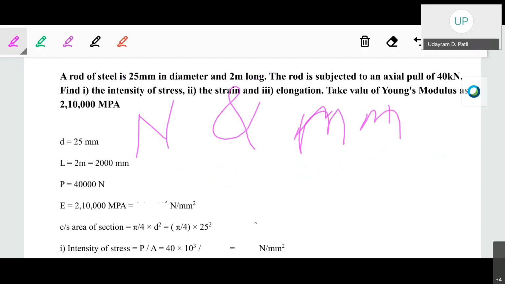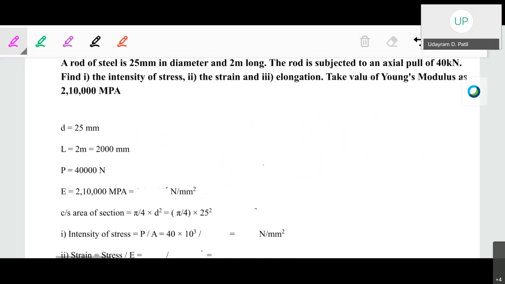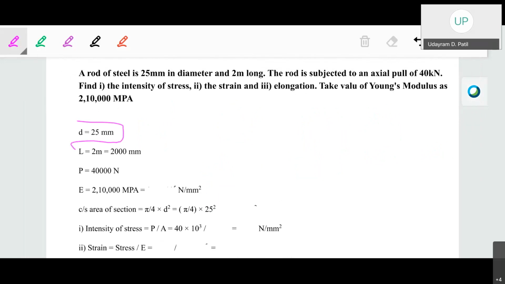Do not go for the meter or the kilonewton, because it is quite easy in Newton and mm. Okay, so first D, diameter, is 25 mm. We are considering mm and Newton, therefore no need to convert that value. Next is length. Length is given as 2 meter, therefore converting that length, we know that 1 meter equals 1000 mm.